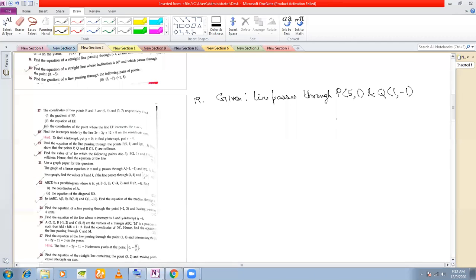Which standard form will you use? When you know that a straight line passes through 2 points, which standard form do you use? You use the two-point form.